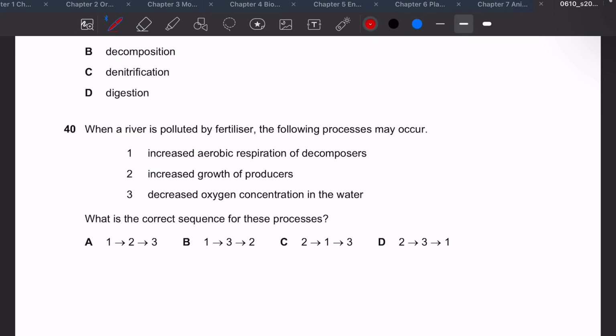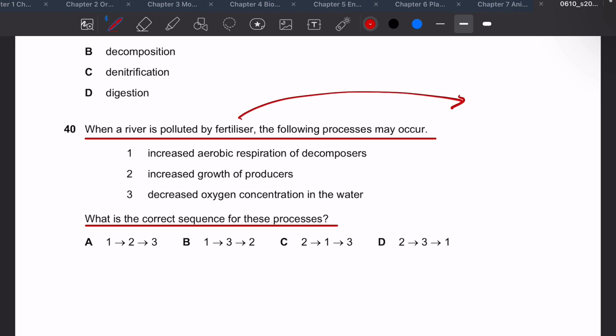Question 40. When a river is polluted by fertilizer, the following processes may occur. What is the correct sequence for these processes? So, the water pollution that's happening in the river by fertilizer. If the river is polluted by fertilizer, eutrophication will occur. Okay?